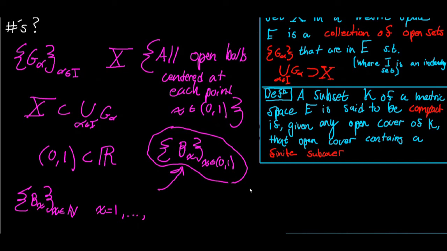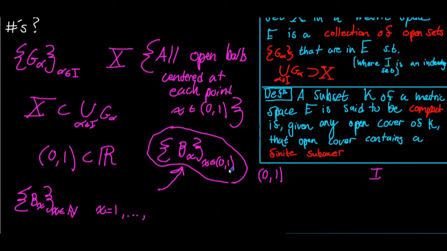And normally we wouldn't specify our indexing set as (0, 1) or some specific set. We would usually just say a general indexing set I that we assume to have enough elements. So in this case the indexing set has to have an uncountable number of indices.